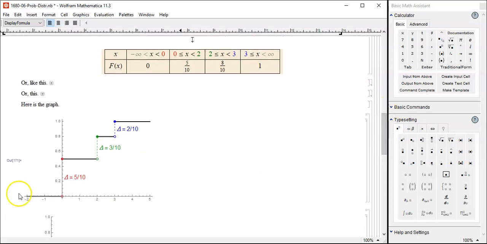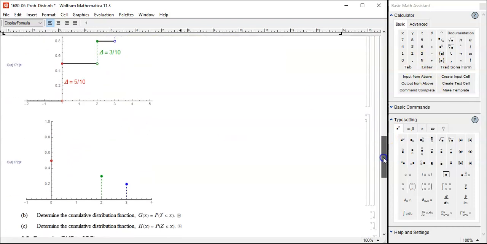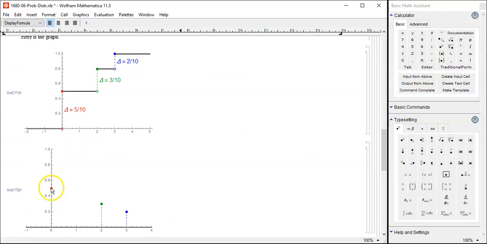And those are the heights 0, 5/10, 8/10, and 1. The difference here, the jump, is the mass function. 5/10, 3/10, 2/10, that corresponds to this, and that.